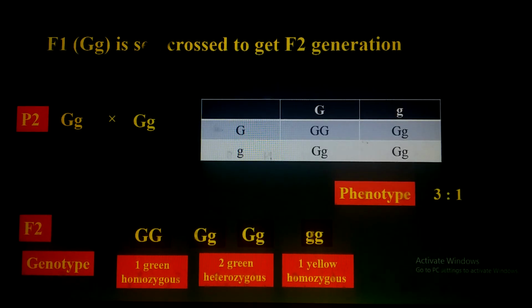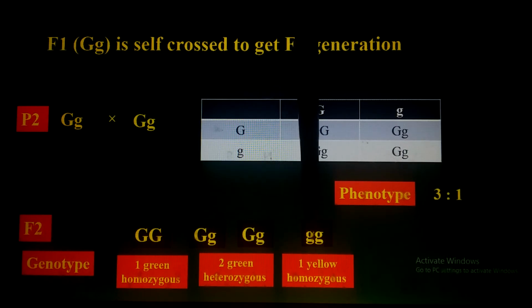If we say homozygous dominant, this is the genotype. If we say this is green, this is green, this is green, this is the phenotype. So the phenotypic ratio: one, two, three green, and one yellow. So the phenotypic ratio is 3 to 1.